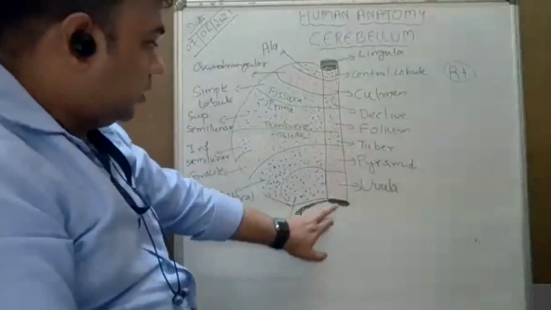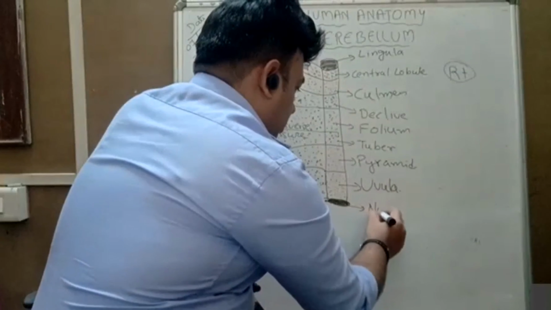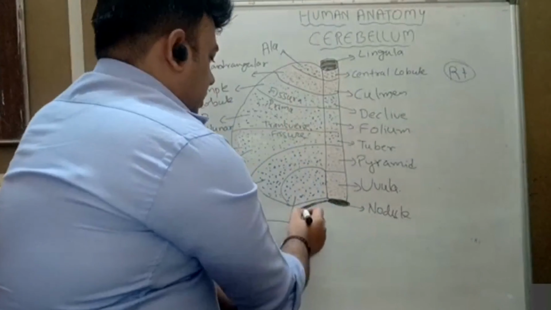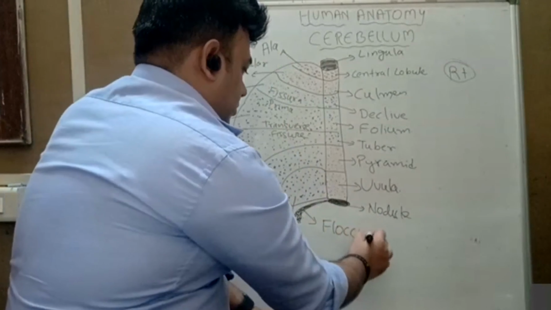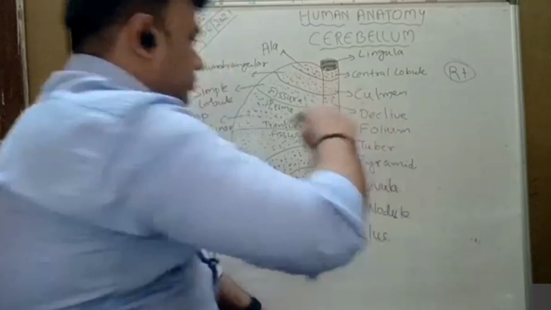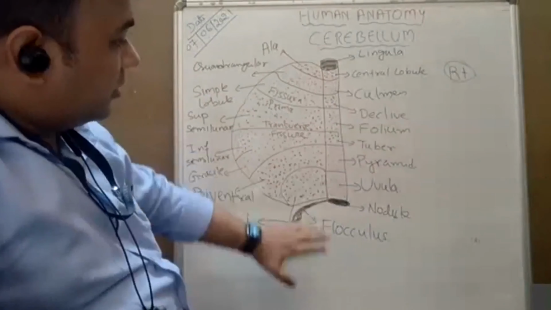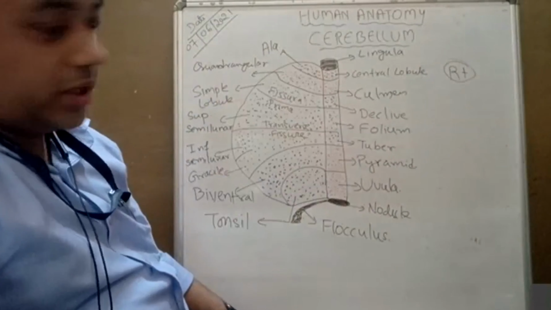Got it? So this is the nodule. And this is flocculus. आगे समझ में? So these are the various lobules in the cerebellar hemisphere. ठीक है?